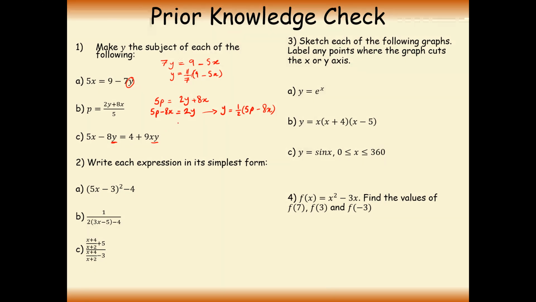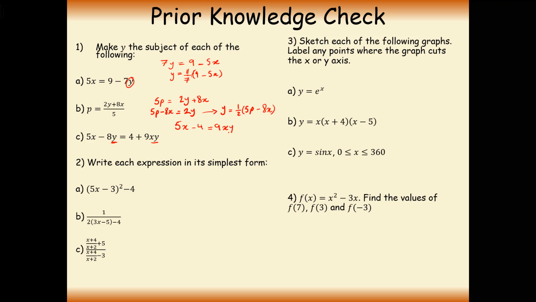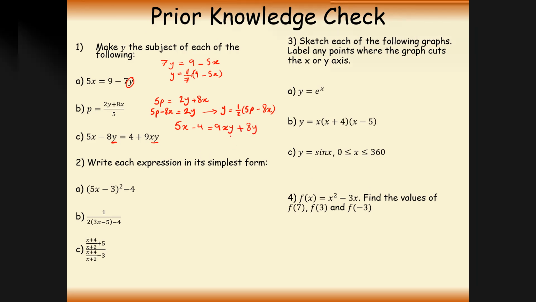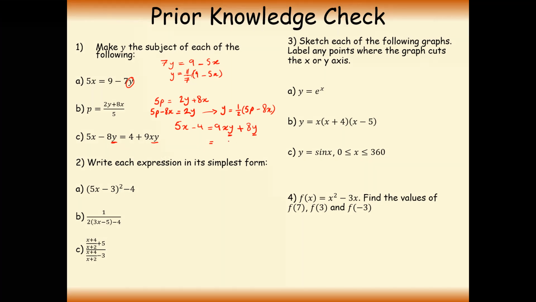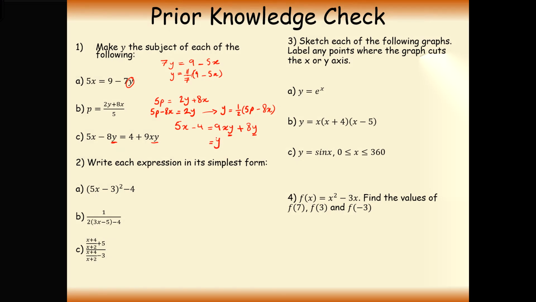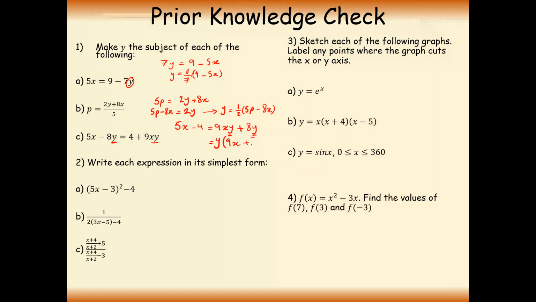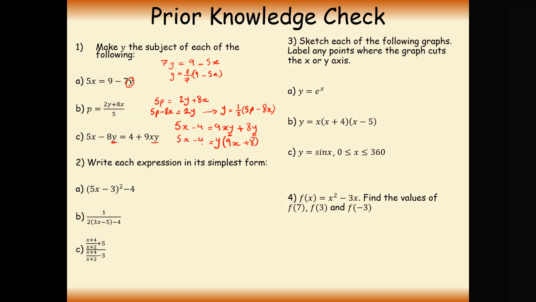I would simply write 5x take away 4 on the left, and on the right I would have 9xy plus 8y. Okay, I'm going to underline these y's here. Ultimately we need to have one y on one side of the equation, so we'll factor it out. Factorizing y, we'll have 9x plus 8 in the bracket, and we'll leave 5x minus 4 as it is.